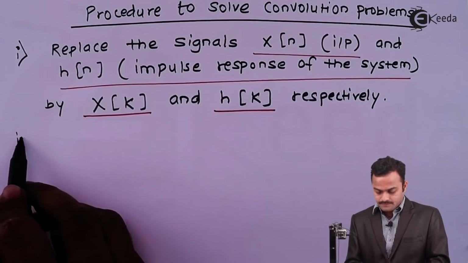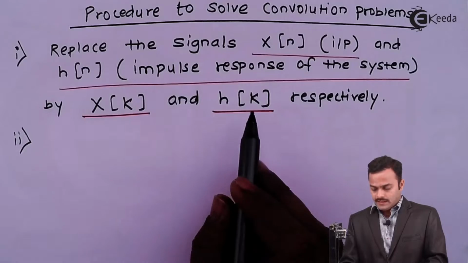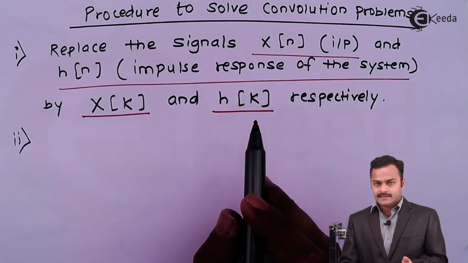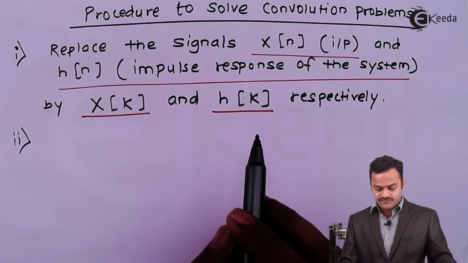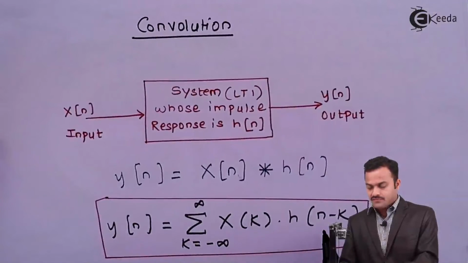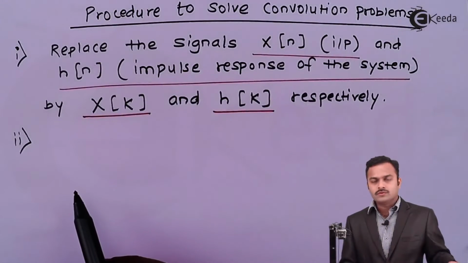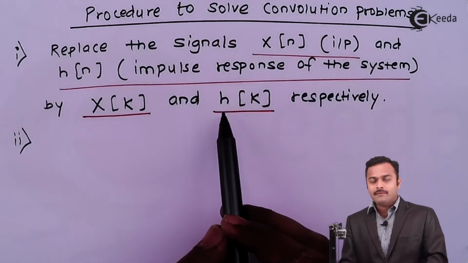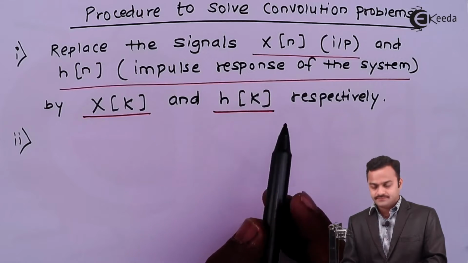Now second step. With h of k, we can take x of k also, but since in this formula we have taken h of n minus k, hence in the second step, we will take a time reversed version of h of k.